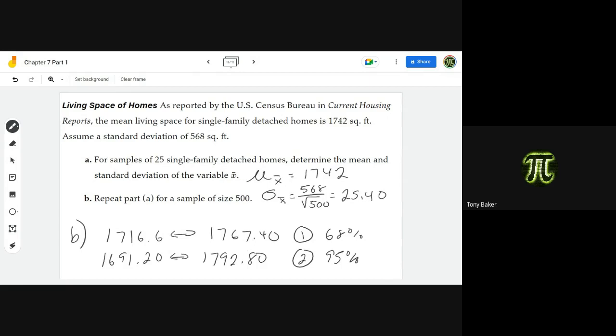So I have a 95% chance that I'm going to get a mean between 1691 and 1792. And in this problem, I know my mean is actually 1742. So that's a pretty good estimation, right? That if I just chose 500 homes out of the entire United States, that I'd be within 50 of the actual mean of all of the houses in the United States.